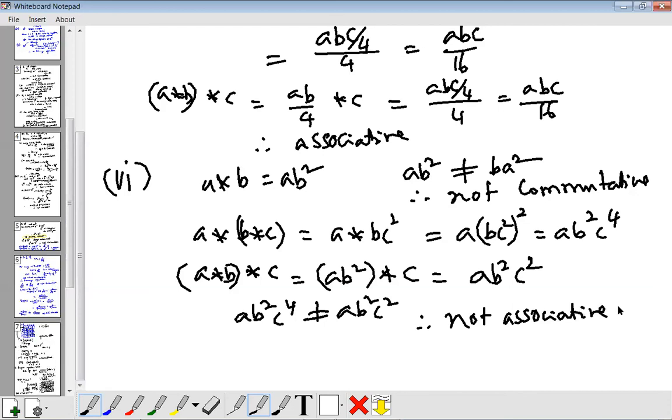Understood? So the 10th question was, find which of the operations given above has identity. That means in the 9th question, which of them has identity? For identity to exist, it's all on rational numbers, right?